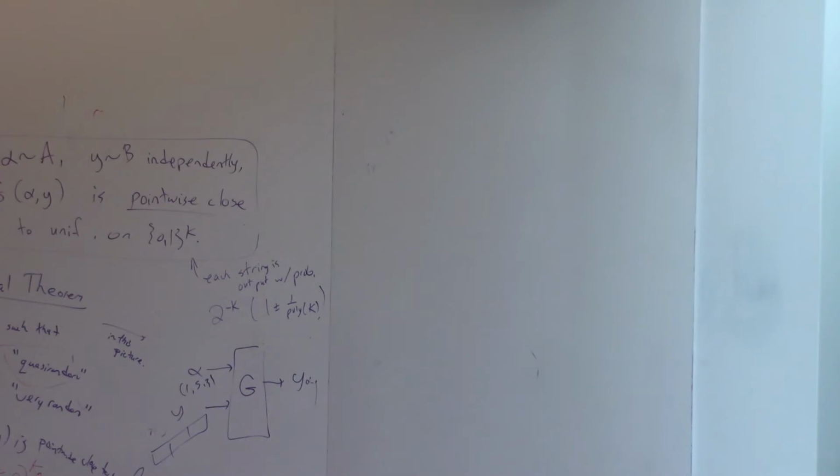So it's two different notions of randomness. Here, y should have almost full entropy. Here, alpha doesn't have to have tons of entropy, but even restricted to any set of coordinates, it should have a lot of entropy.